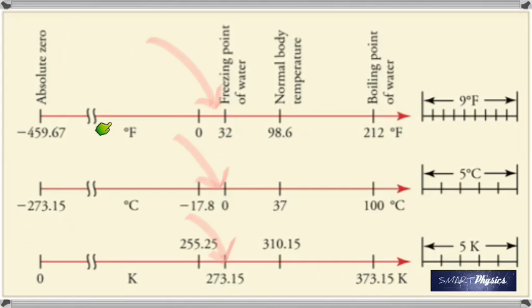If you go to the lower side, you see that on the Fahrenheit, absolute zero is that much, negative 459.67, negative 273.15 on the Celsius scale, of course, absolute zero. Now remember, there are no negative temperatures on the Kelvin scale. That's why it's called absolute zero.